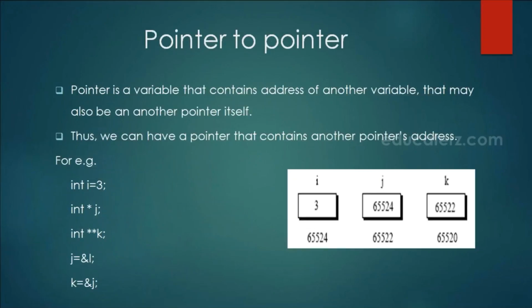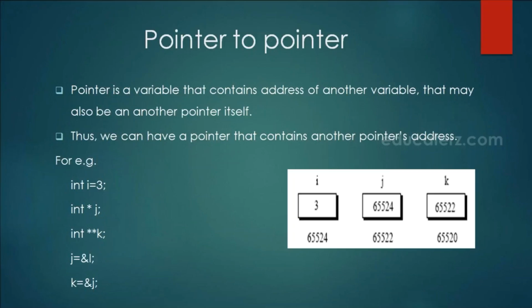The next concept is pointer to pointer. A pointer is a variable that holds the address of another variable. Now we can have one more pointer variable which holds the address of another pointer. Thus we can have a pointer that contains another pointer's address.